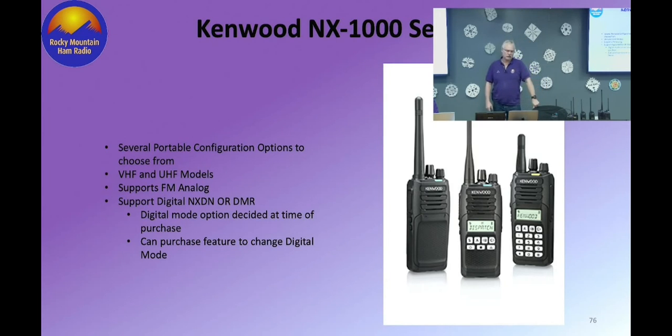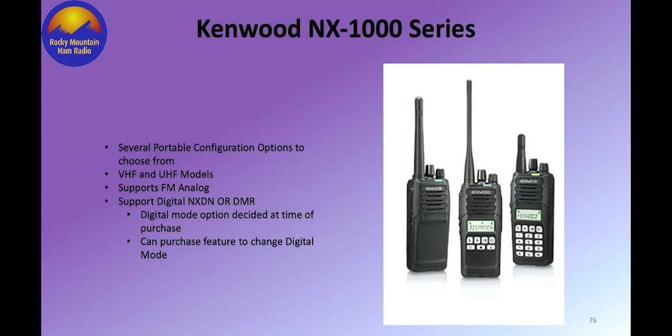There's different antennas. There's a UHF, VHF model. It does support FM analog. And when you purchase it, you've got to decide, do you want NXDN or DMR? And you can't change it once it's there unless you get a feature key, again, to put in the radio that will allow you to switch it.